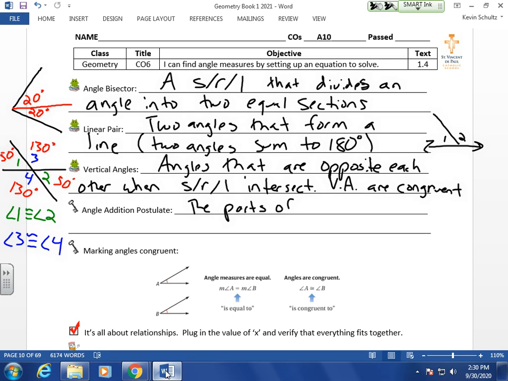So the parts of an angle will sum to equal the whole angle. Just like the segment addition postulate, only now with angles.